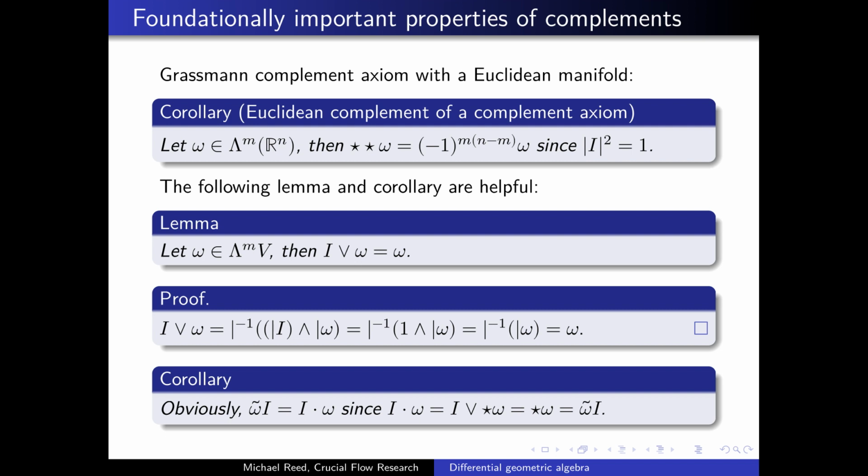So the proof of this is fairly simple, actually. If you apply the Grassmann duality principle with the regressive product and the exterior product and rewrite the expression as an exterior product, then we can simplify the expression by observing that the Grassmann complement of the pseudoscalar is just 1, and then that means that we are taking the exterior product of 1 with the Grassmann complement of omega.